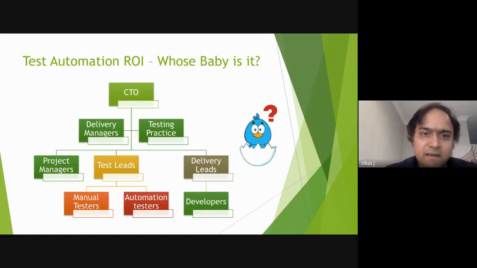So whose baby is this? Whose baby is test automation ROI? Who should really care for test automation ROI? Anybody would like to put a comment in the chat, like who's taking care of test automation ROI in your field? Please feel free to put it, because the way I see it, nobody cares.